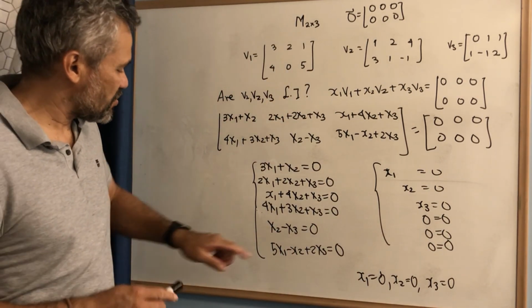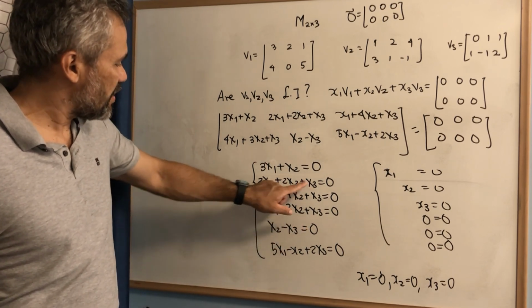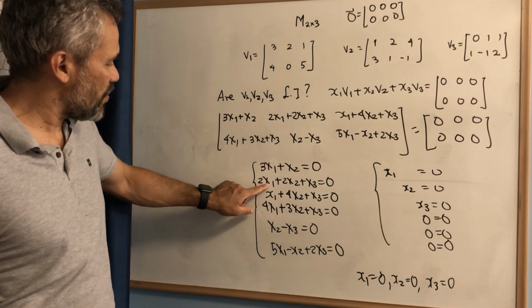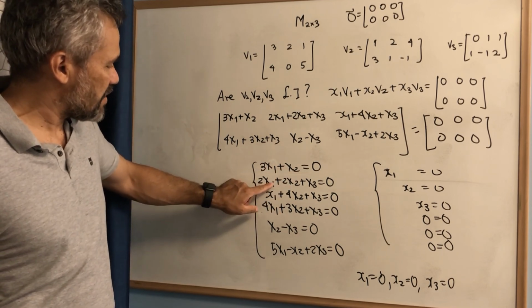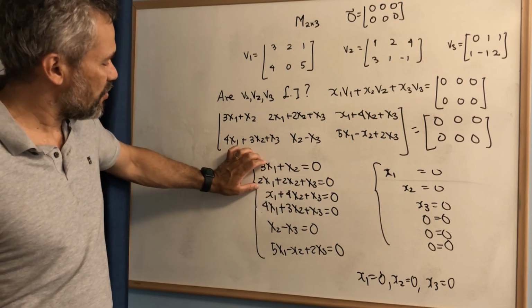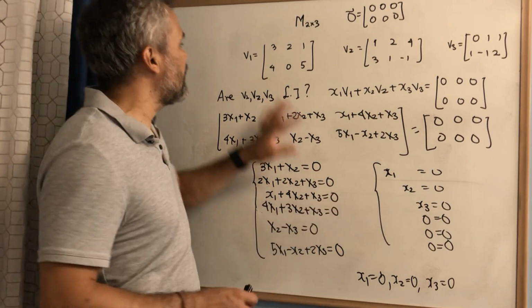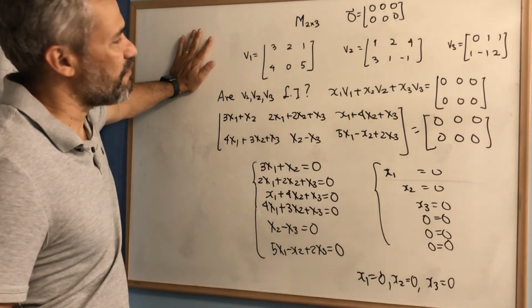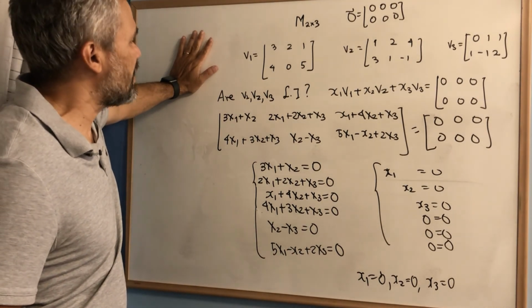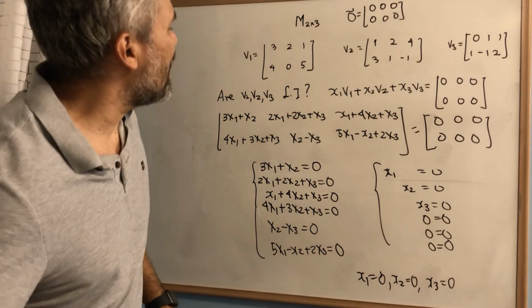You can also do it by hand. You can say x2 must be equal to x3, then here you have 3x1 plus x2 equals 0, and here you have 2x1 plus 3x2 equals 0, and the only solution for these two equations in terms of x1 and x2 is 0. That's the way you prove that some vectors are linearly independent. It's essentially the same type of situation as before. Let me do another example.